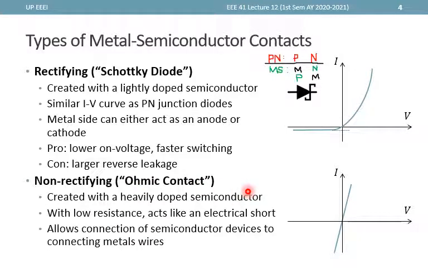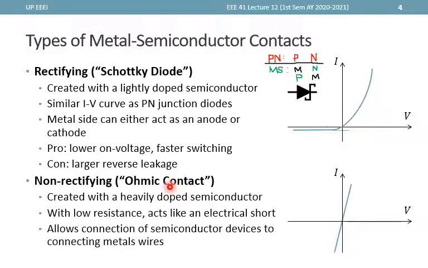Now, normally we want this MS contact to simply provide a contact for which we can connect wires to our semiconductor devices. So we normally want this one to have very low resistance.